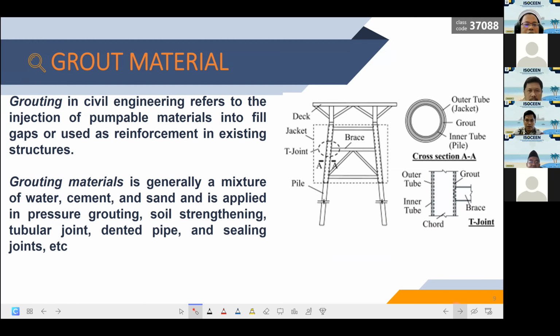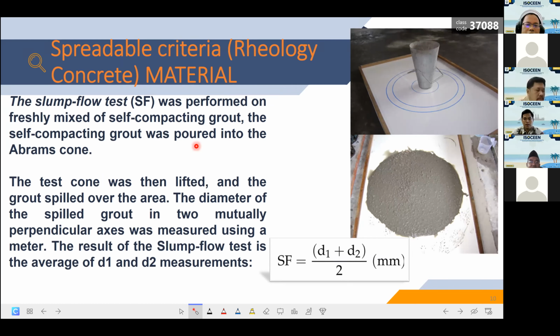Now we want to know about one of the criteria of the grouting material. One of the criteria is the spreadable criteria. One of the methods is the slump flow test. The slump flow test was performed on freshly mixed self-compacting grout.